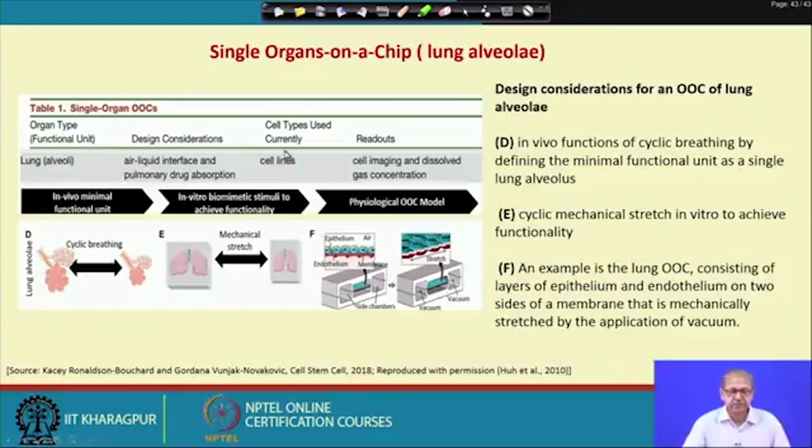Here cell lines are used, mainly primary cells, or some epithelial cells available nowadays, and the readouts are mainly microscopic cell imaging and dissolved gas concentration by an online monitoring system. This is the first established system using the biomimetic principle. Then a lot of systems were developed using this membrane and gaseous exchange using side arm vacuums, like in gut on chip.